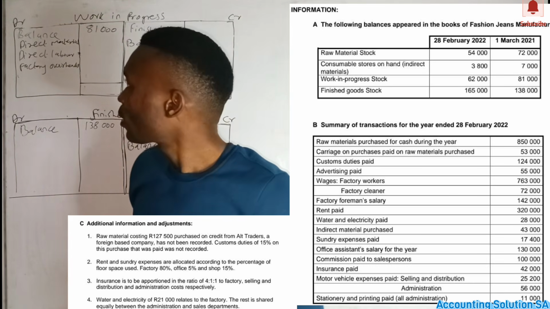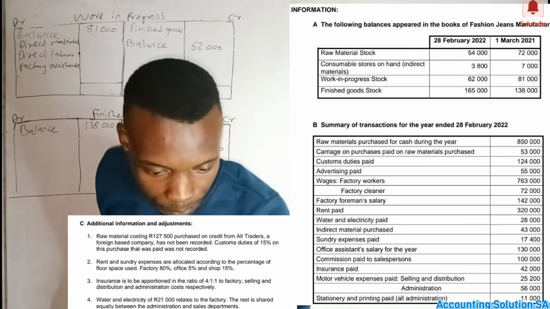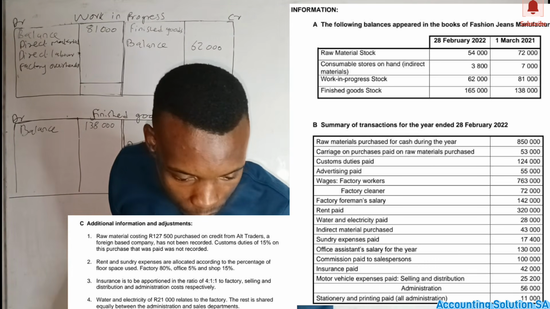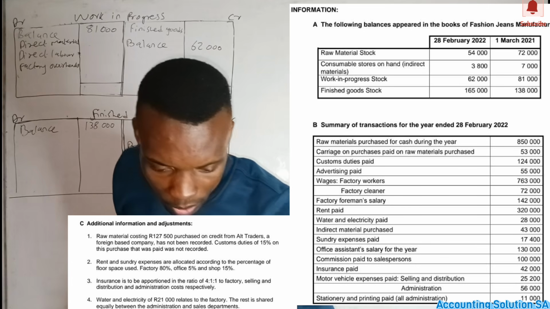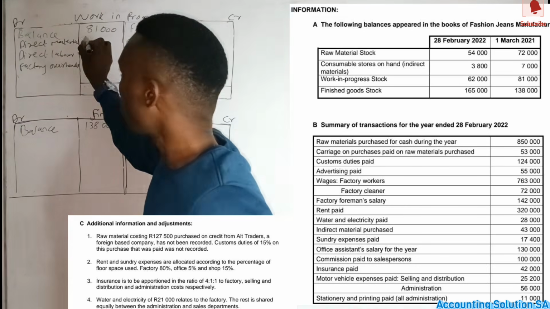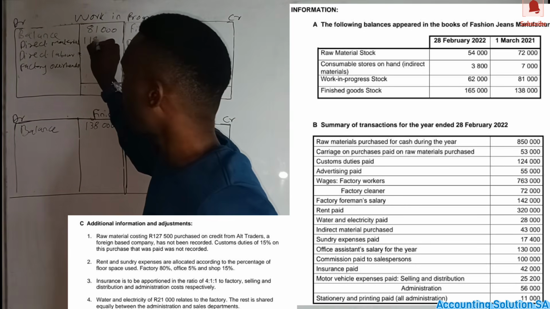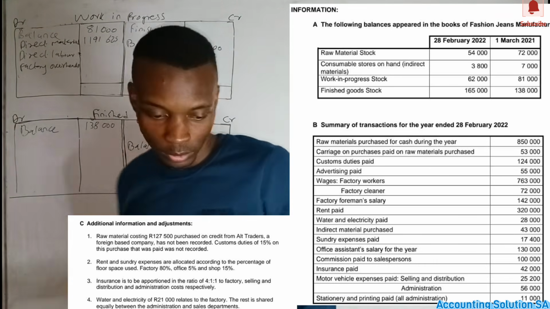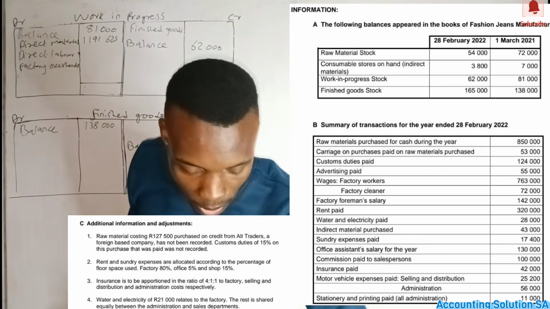So let's start with direct material. The direct material that we calculated, which we are going to transfer, is an amount of 1,191,625. Okay, we're gonna take that.